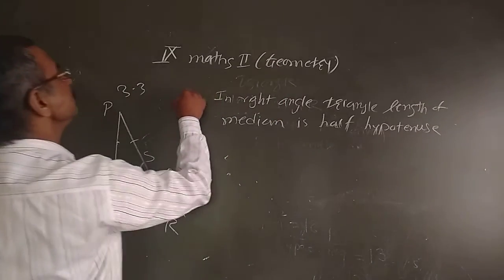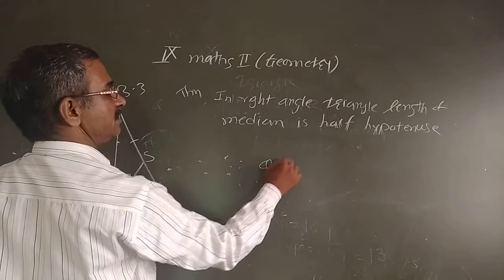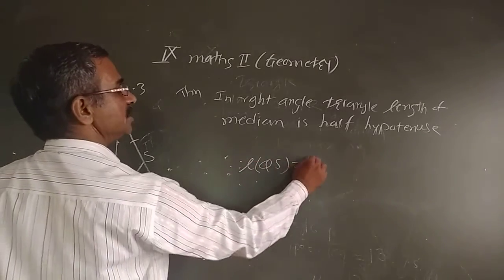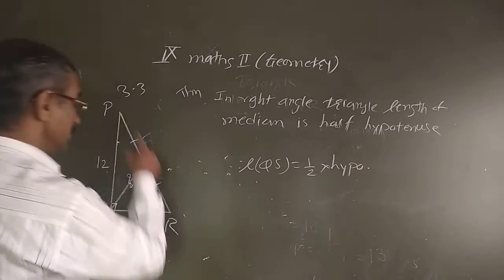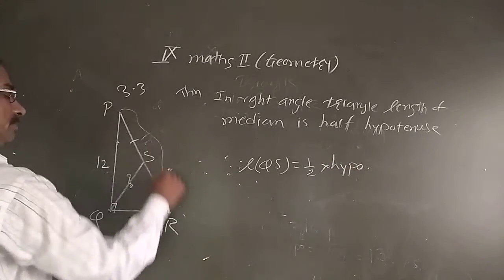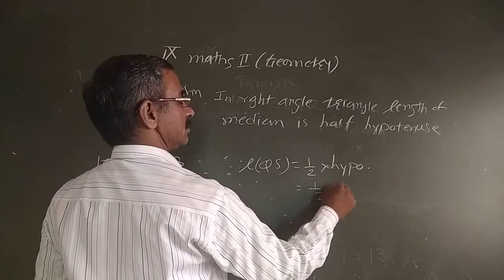By using this theorem, the length of QS, the median, is equal to half of the hypotenuse. What is the hypotenuse? We found PR is 13.